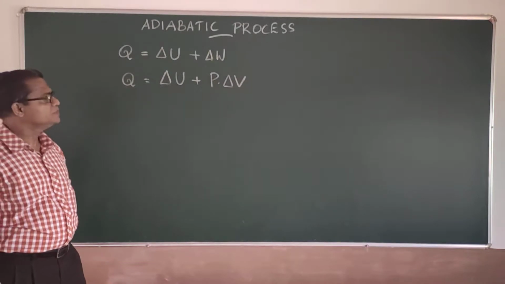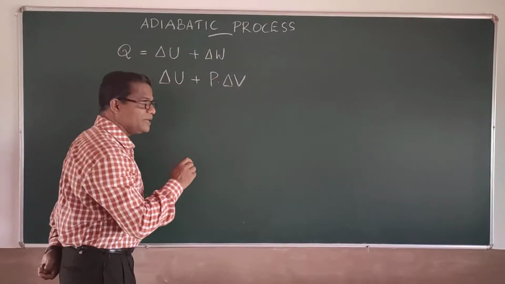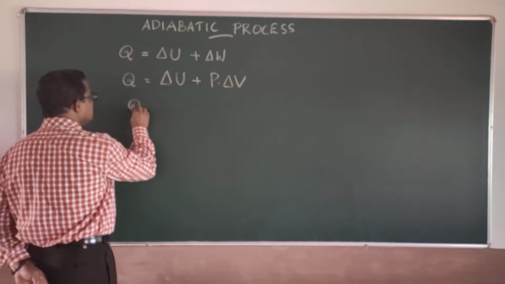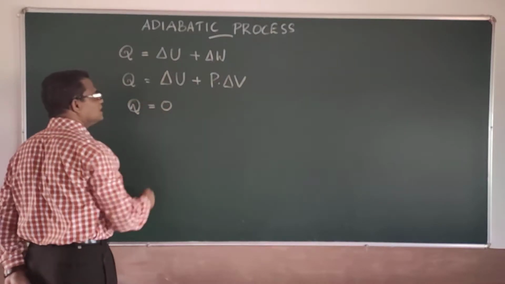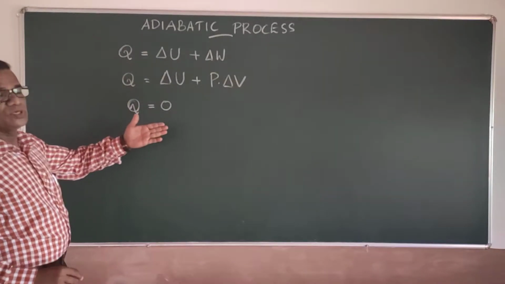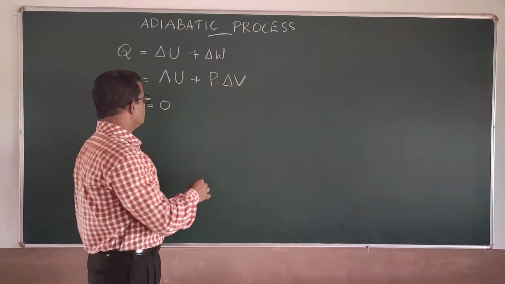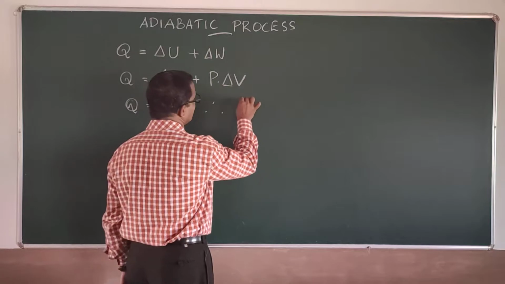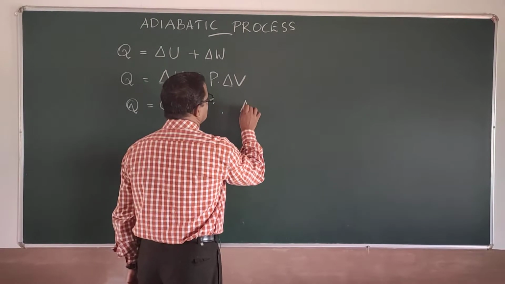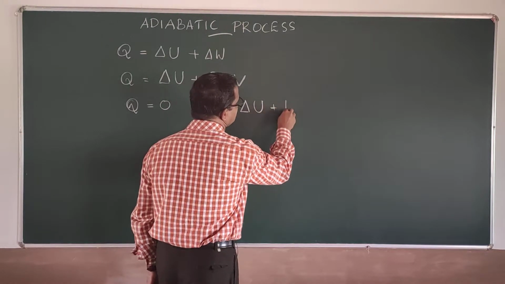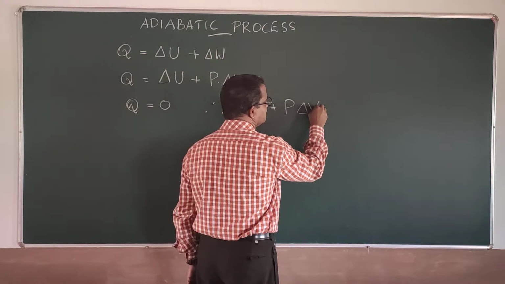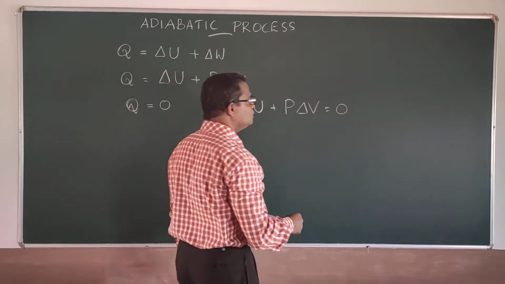Okay. So if it is an adiabatic process, no heat exchange is possible, that is, the heat energy given to the system or taken out from the system is zero. Therefore, we can have delta U plus P into delta V is equal to 0.